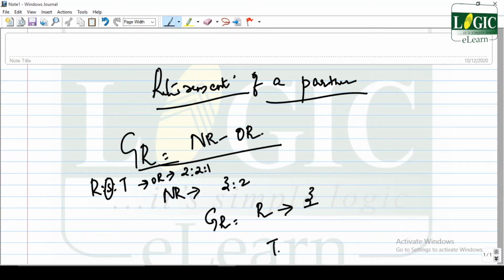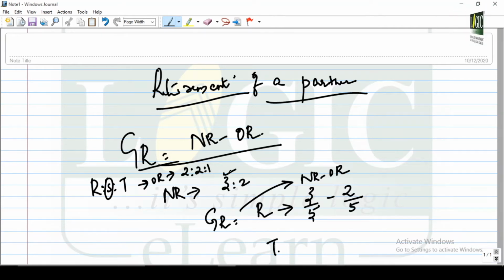So, what is 3/5 minus 2/5? That is, new ratio minus old ratio is equal to gaining ratio. So what is the new ratio? 3/5. Old ratio is 2/5. So the gain is 1/5.